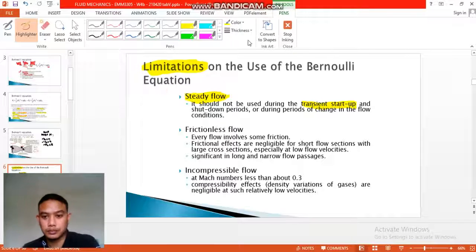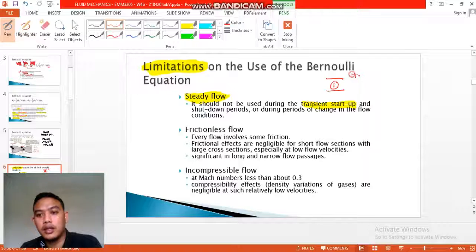For example, you have a pipe here and you take point 1 at T1 until Tn. If the result is the same at point 1, it's steady. But if it is different, either bigger or lower at Tn at the same point, this is called transient, such as a pulsatile flow.